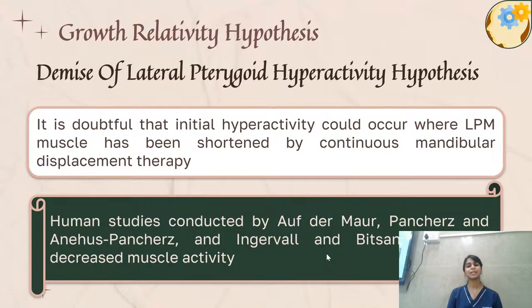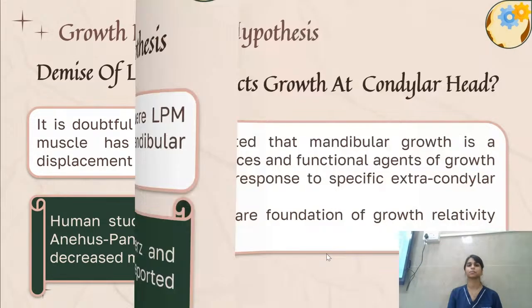Human studies conducted by Auf der Maur, Pancherz, Andersen, Ingervall, and Bitsanis reported that there was in fact decreased muscle activity when functional appliance was used. So instead of hyperactivity, they observed a decreased muscle activity, thus again pointing out that lateral pterygoid muscle might not be the sole reason for action of functional appliance.